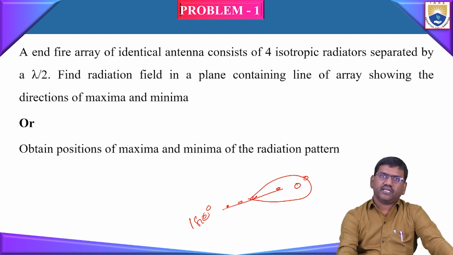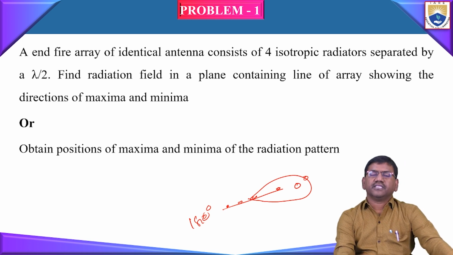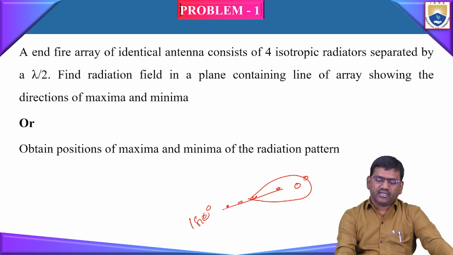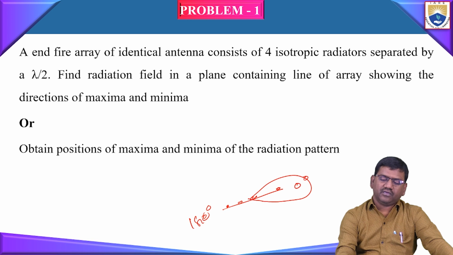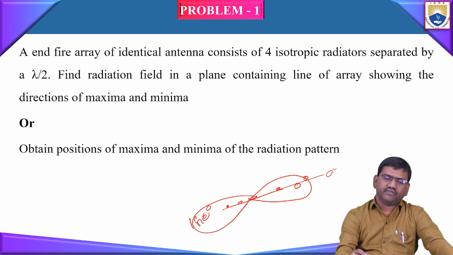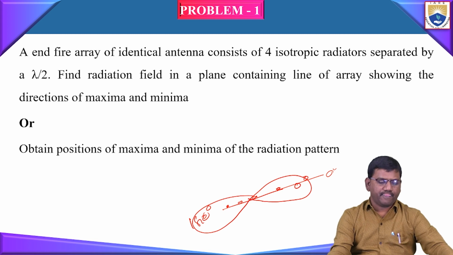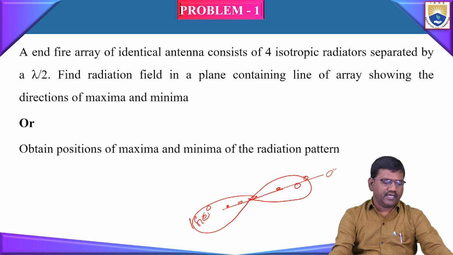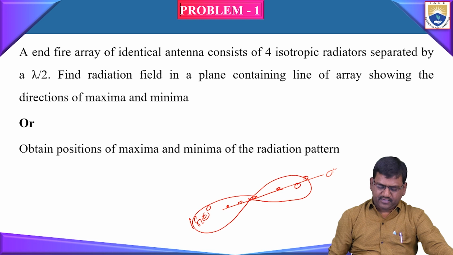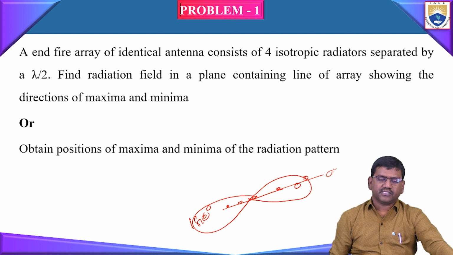So the end-fire array is where the radiation is maximum along the axis of the array. We call it an end-fire array. So along 0 degrees and along 180 degrees, the radiation pattern will be maximum for an end-fire array. Now let us design the end-fire array for 4 elements, and let us find out the maxima and minima points.